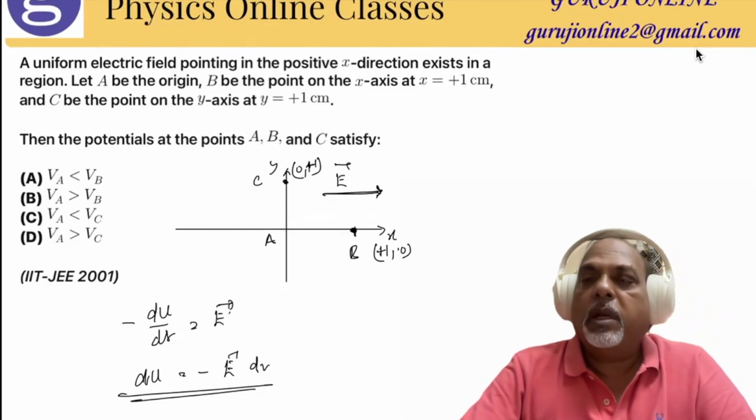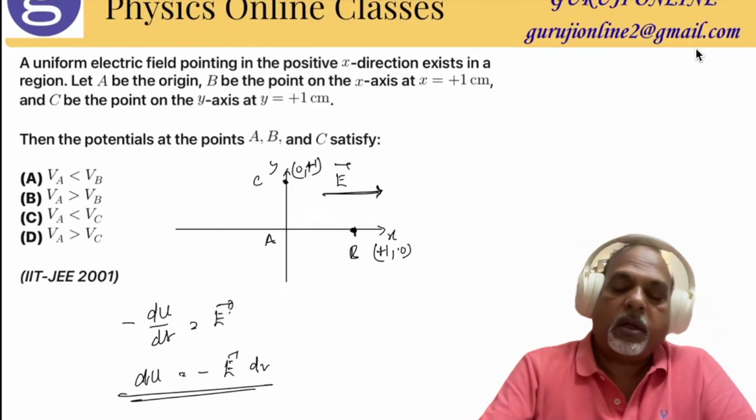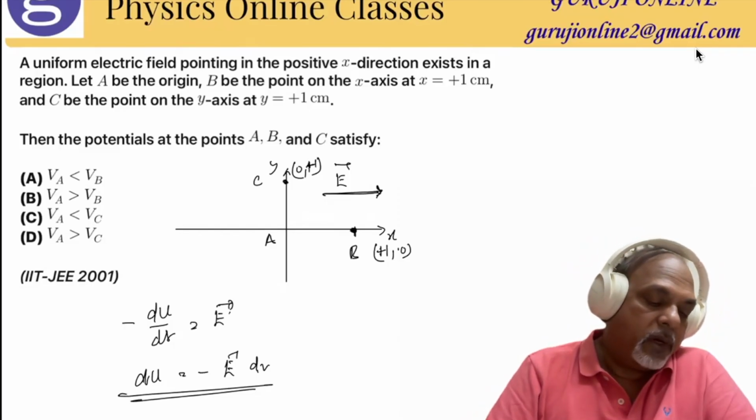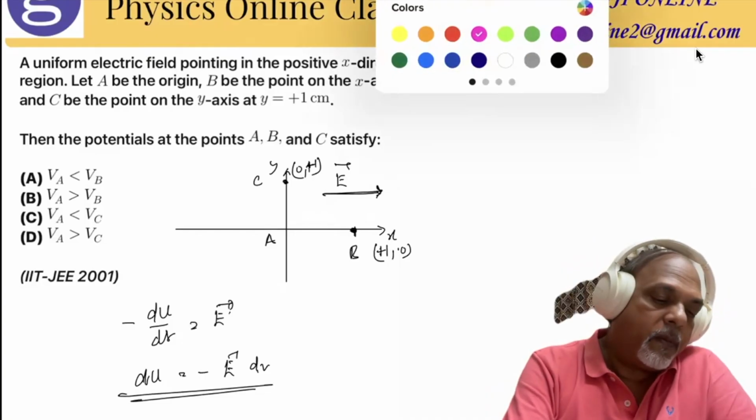That means in the direction of the electric field, potential decreases. Correct? In the direction of the electric field, potential decreases. Let us go one by one.